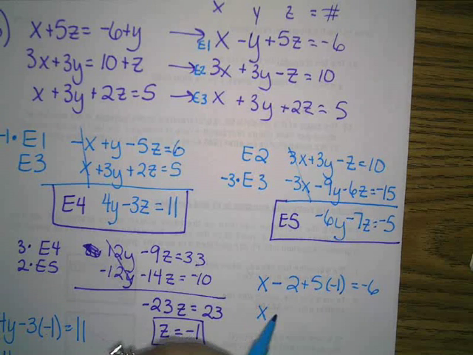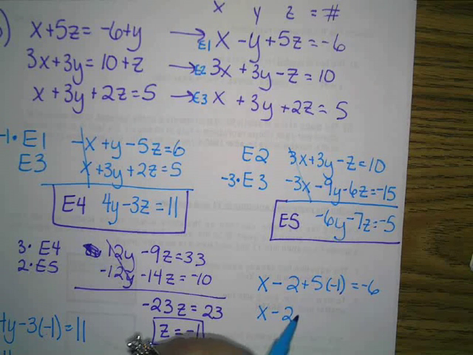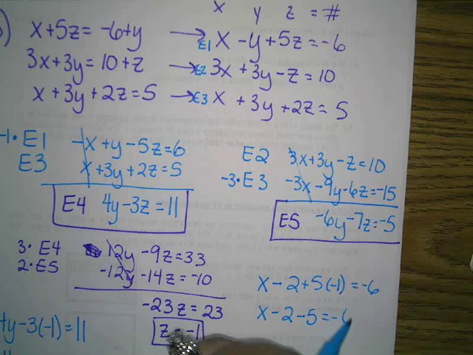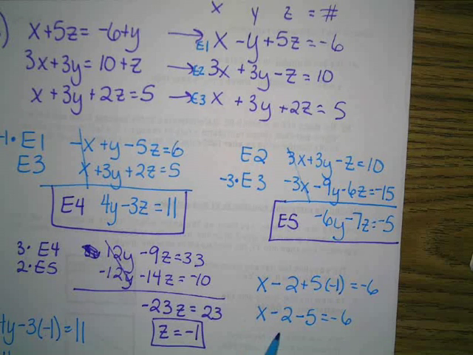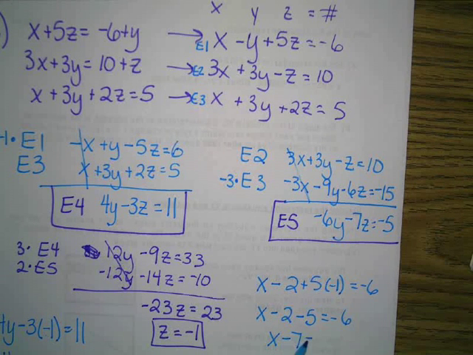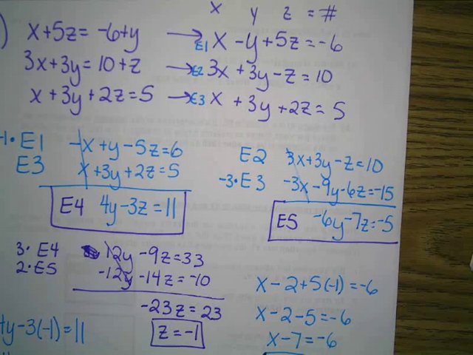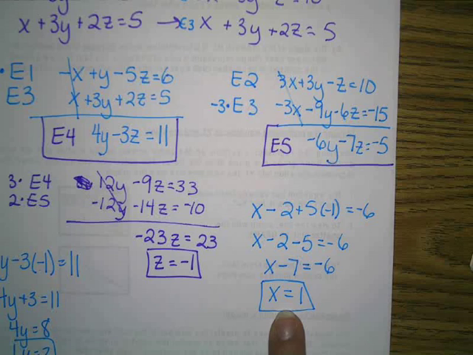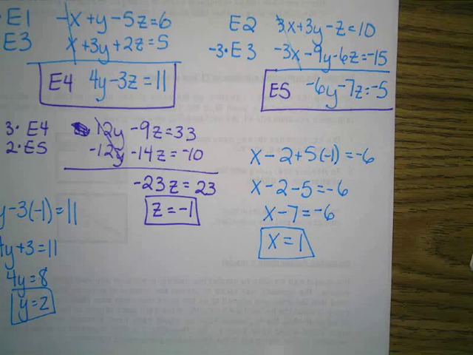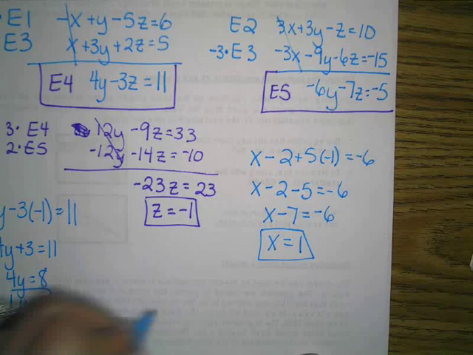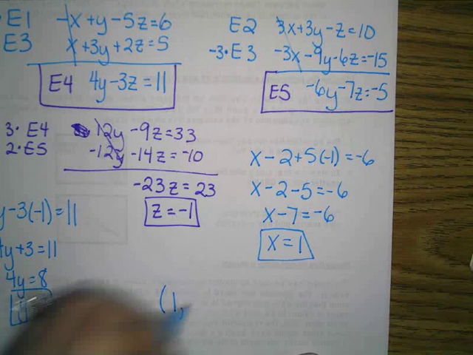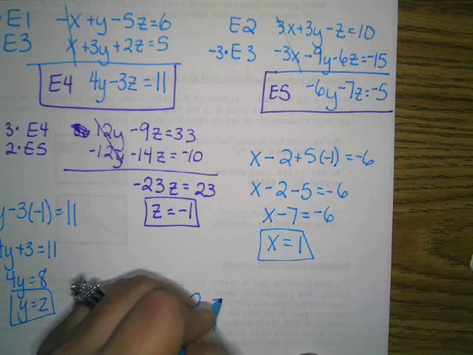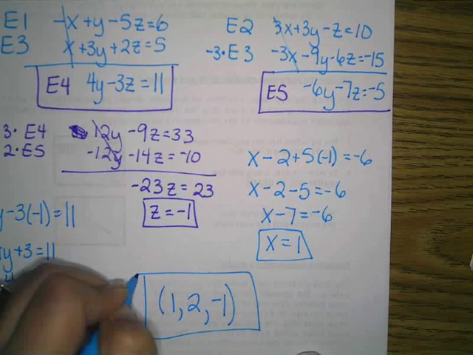So x minus 2, 5 times negative 1 is minus 5 equals negative 6. Minus 7 equals negative 6. Add 7 to both sides, x equals 1. So there you have the final variable, and now you go ahead and write it as an ordered triple. X, y, z. And that is the final answer.